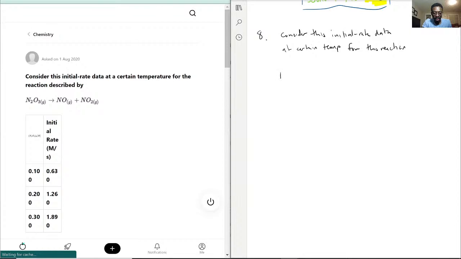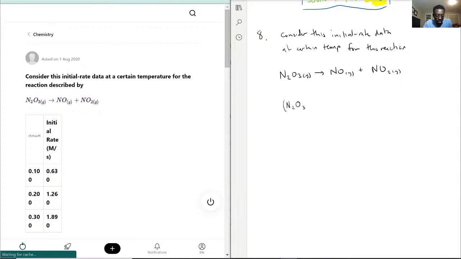Okay, we have N2O3 gas turns into NO gas plus NO2 gas. Okay, and then we're given this table, which is very crucial to answer this question. We have the initial concentration of N2O3 in different concentrations, and here they give us the rate of the reaction based on the different concentrations.